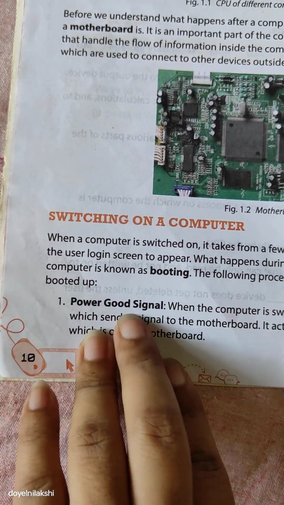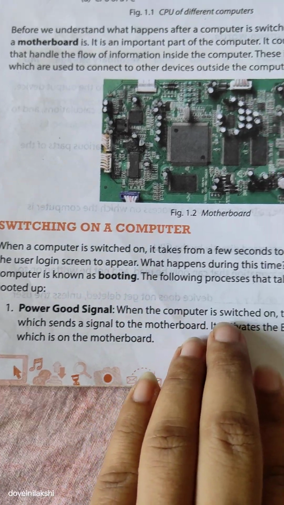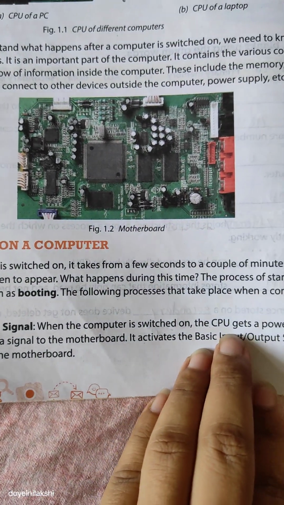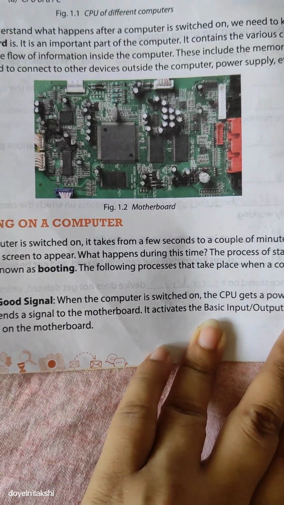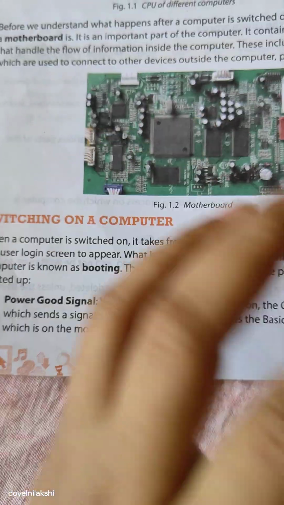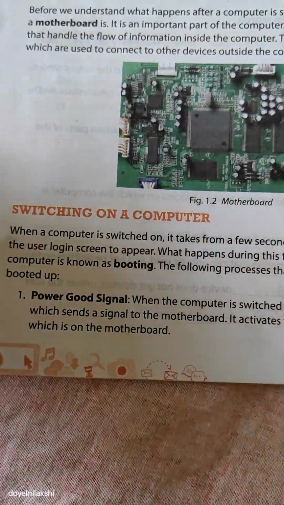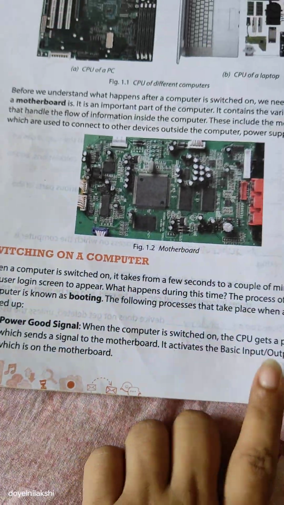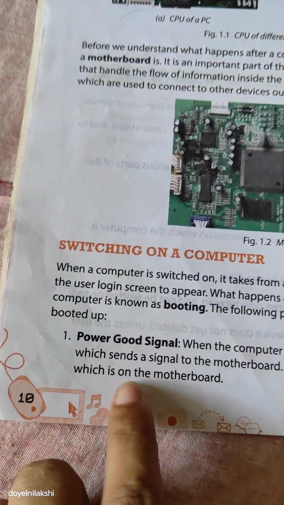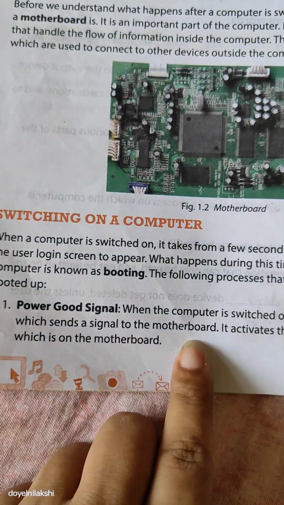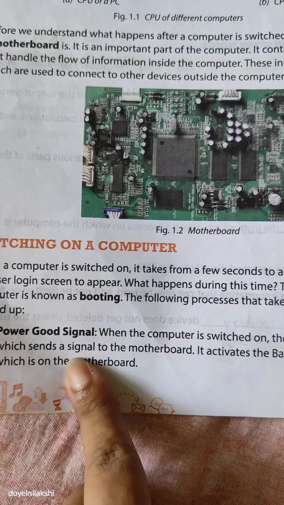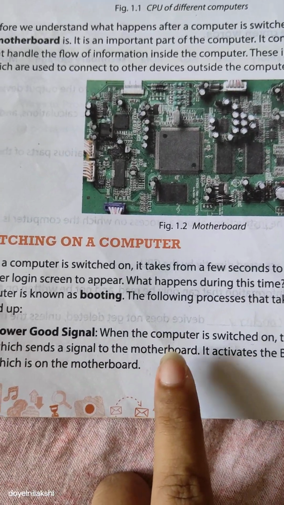Power good signal. When the computer is switched on, the CPU gets a power supply. When we switch on the power switch, the CPU gets the power supply, which sends a signal to the motherboard. Then the CPU sends the signal to whom? To the motherboard.